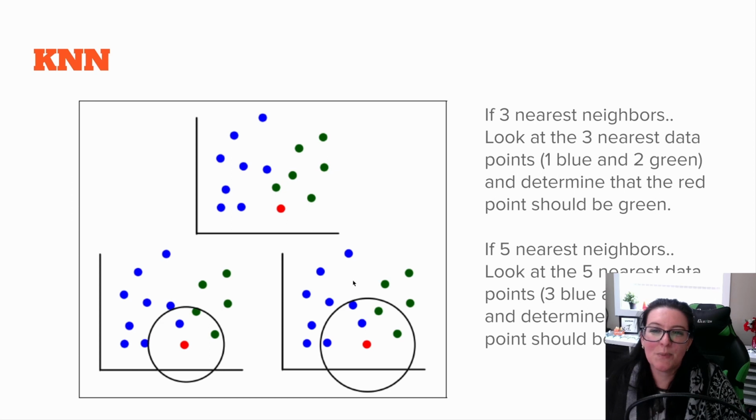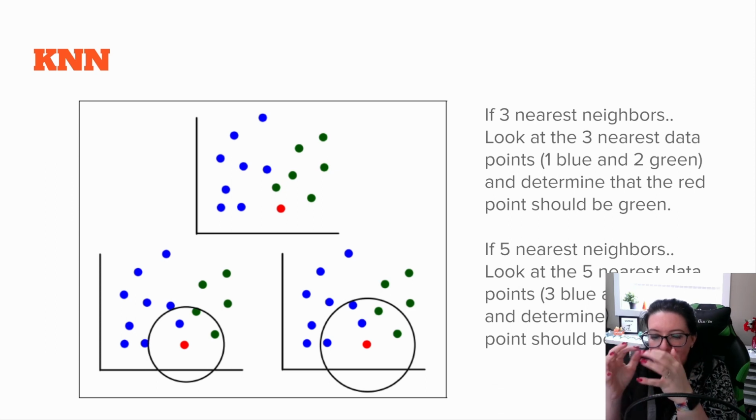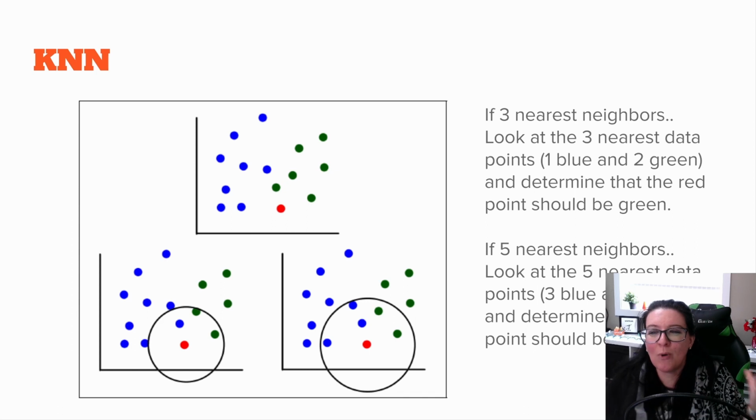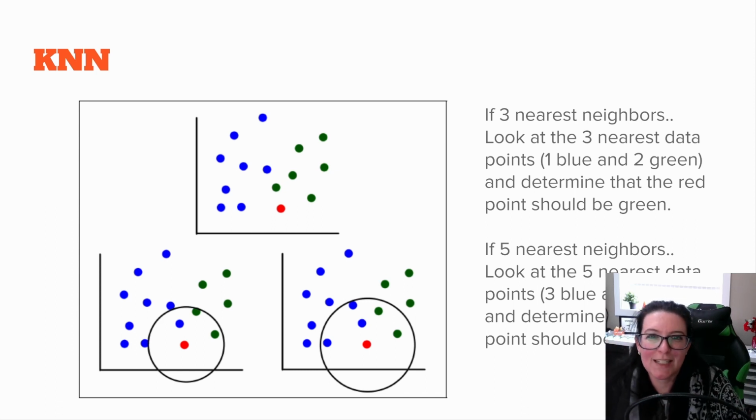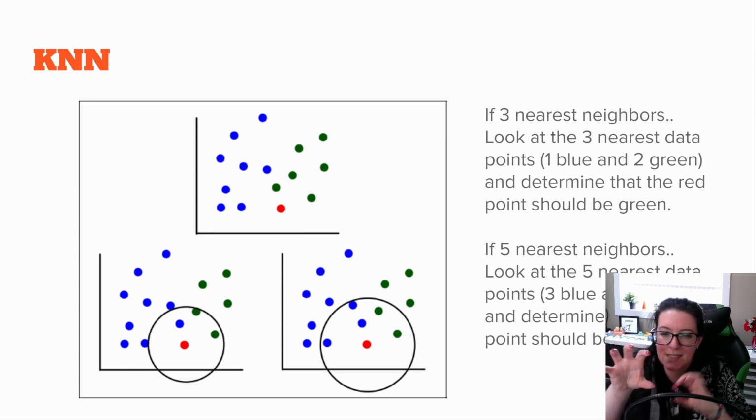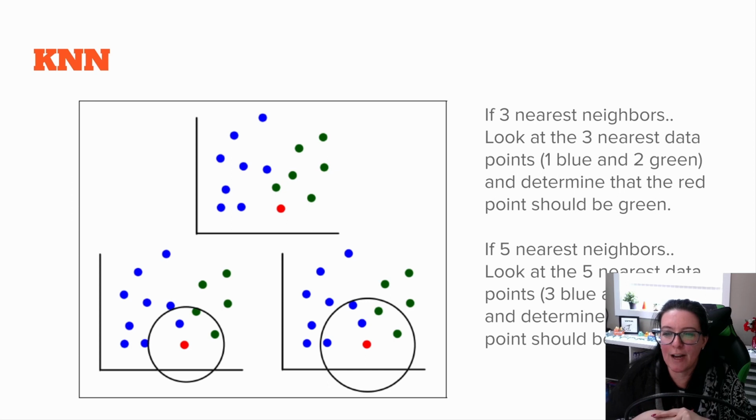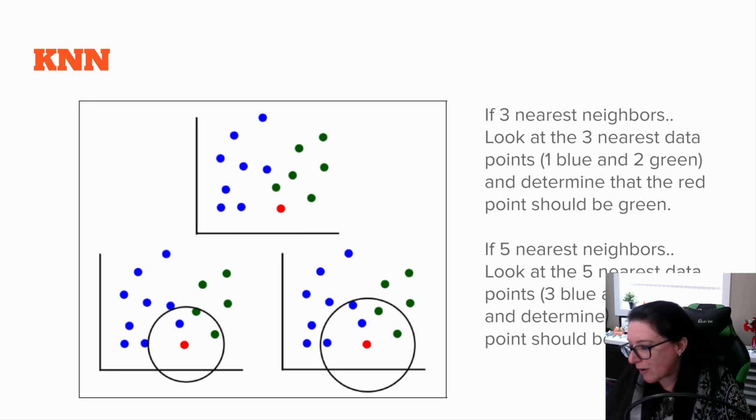If you have a small number of k, then the boundaries of your classifications are going to be very wavy. As you get to more k, it starts to smooth out. So the question is how clear do you want these classifications to be? How much are you going to allow for a little bit of variation? How much overlap are you allowing in those models?